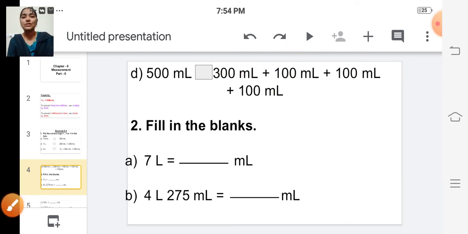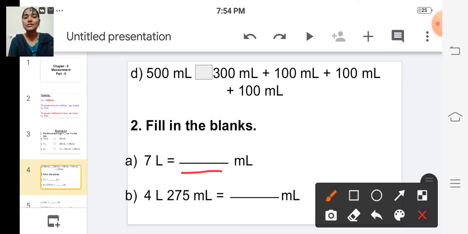So the second question, fill in the blanks. First one, 7 liter is equal to dash milliliter. So we have to convert liter into milliliter. To convert liter into milliliter, what we have to do?